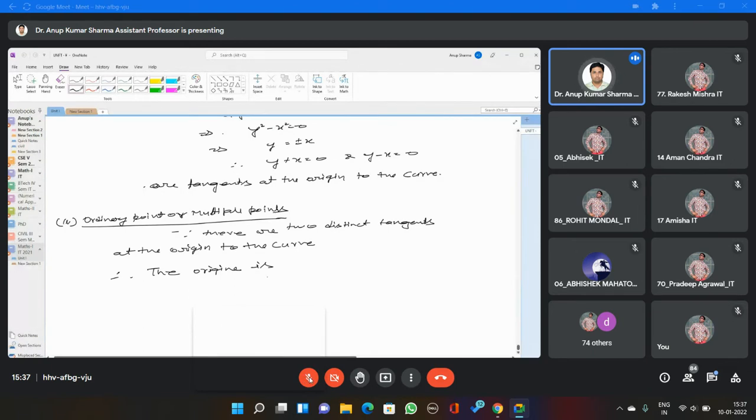Node, cusp: that means when the two tangents are repeating, as in the last curve, tangents coincide with each other. So the origin is called a node. Okay.